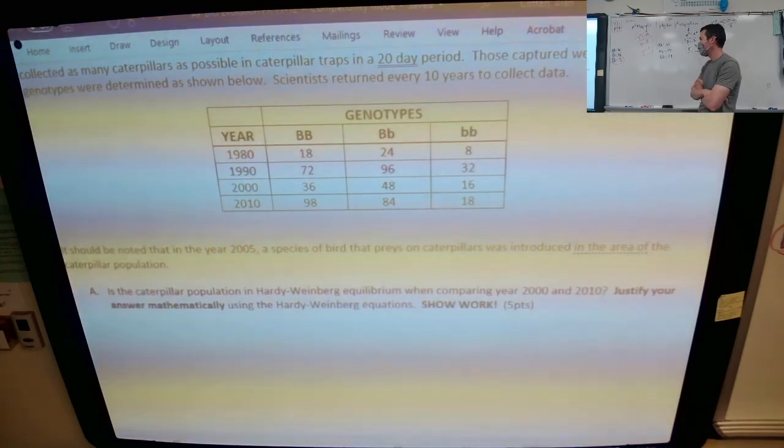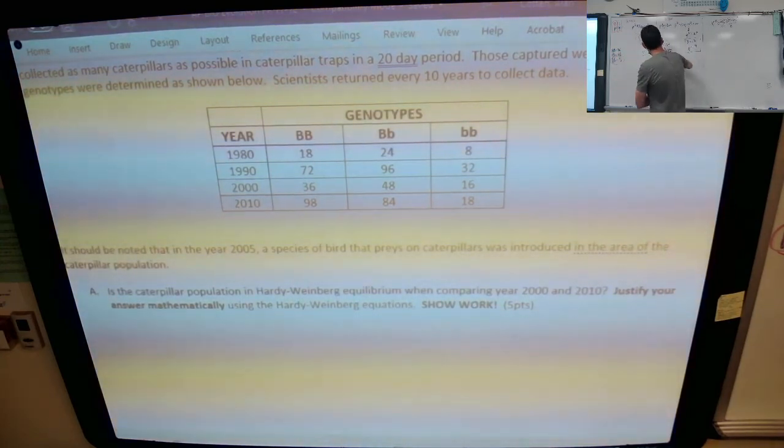I assume it's probably easier to read the typed version than my numbers here.